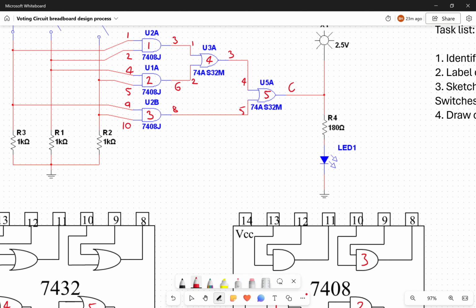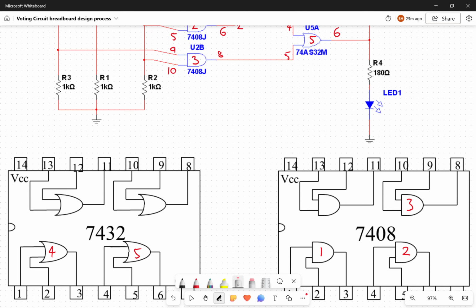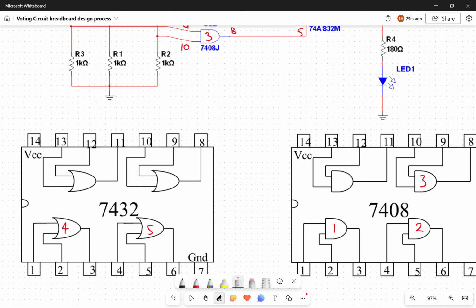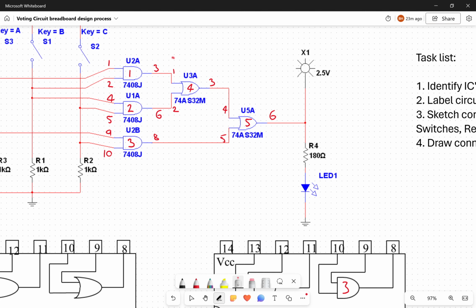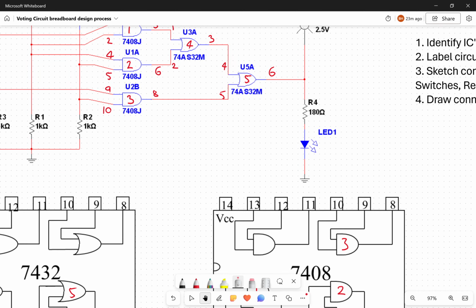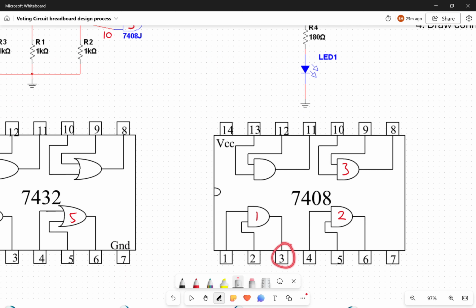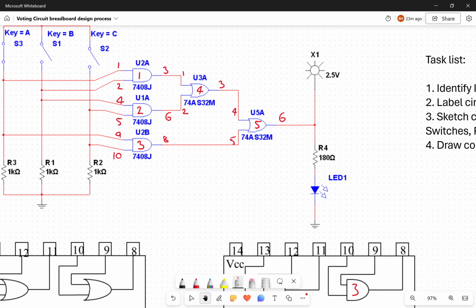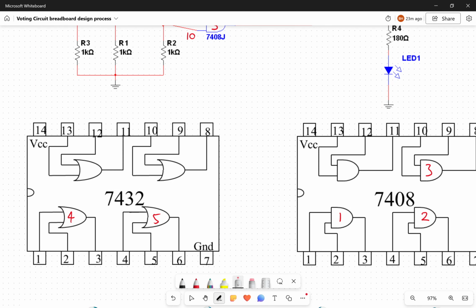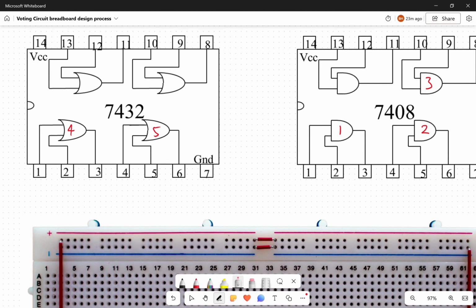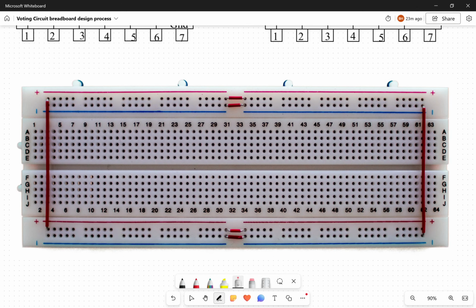Now this is particularly useful when we start looking at connecting the logic gates of the 7408 to the inputs of the 7432, because here the output of logic gate 1, which is pin 3 here, will be wired into the input of what we've labelled as logic gate 4, which is pin 1 of the OR gate there. It just makes it easier once we've transferred our pinout diagrams to our breadboard, which is nicely prepared here.